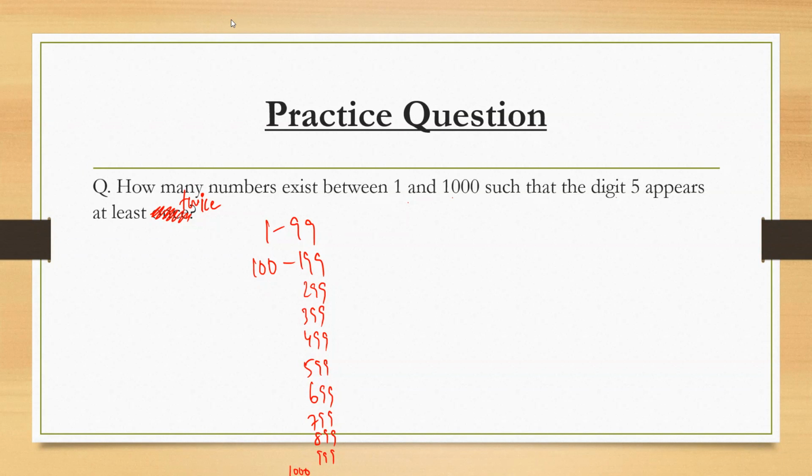Just tell me one thing. Between 1 to 99, which number are we talking about? If the digit 5 has to appear at least twice, we are talking about 55. You know? Exactly. Now between 100 and 199, we are talking about which number? 155. Okay. So the same concept you will apply, okay, in the pattern and then sort it out. कितने numbers होंगे?